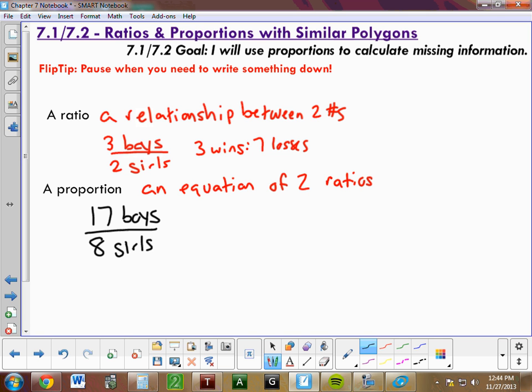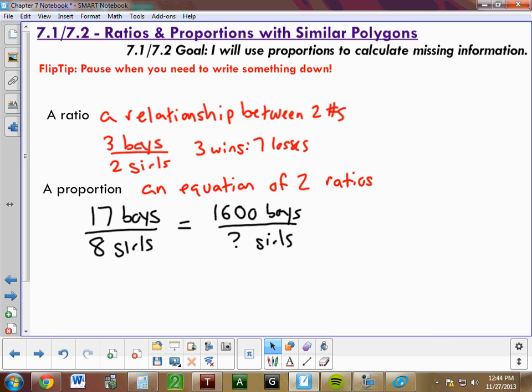In our school, say they counted the people and there were 1,600 boys, I'm just making a number up. How many girls would there be? This is a proportion because there are two ratios set up, and you can use it to solve real-life examples like this, but also examples with triangles or different polygons as we go forward in the chapter.